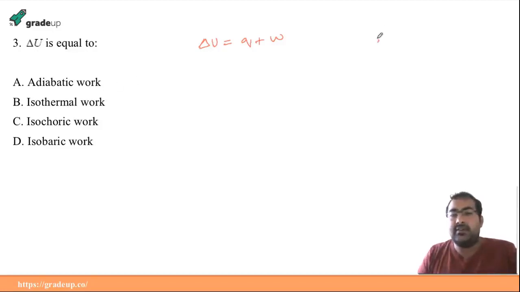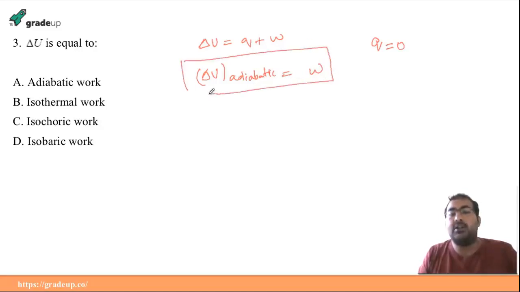In an adiabatic process, your Q is 0. So delta U for an adiabatic process is equivalent to the work done of that process, because Q in that case is 0.